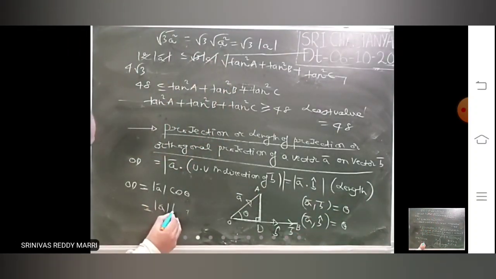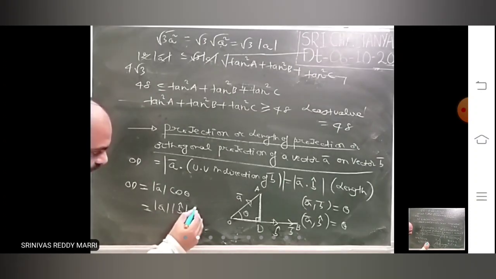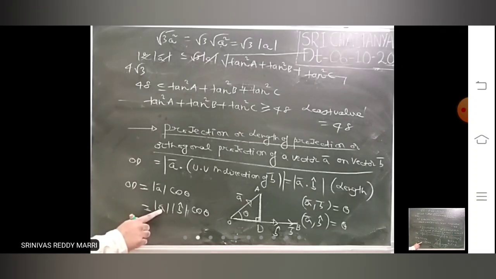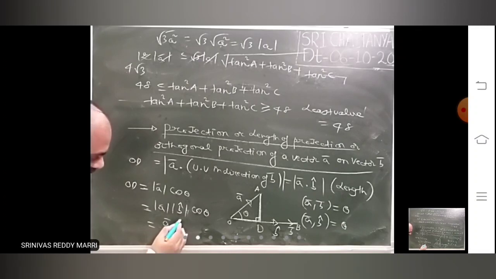This I am rewriting as modulus A bar into modulus B cap into cos theta, that is, modulus A bar into modulus B cap into cos of the angle between them. That means this is nothing but A bar dot B cap.